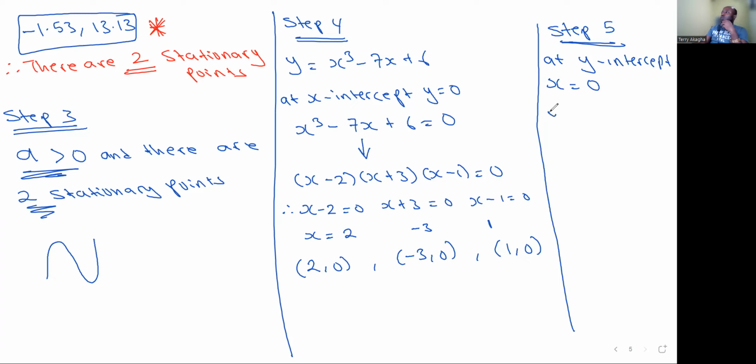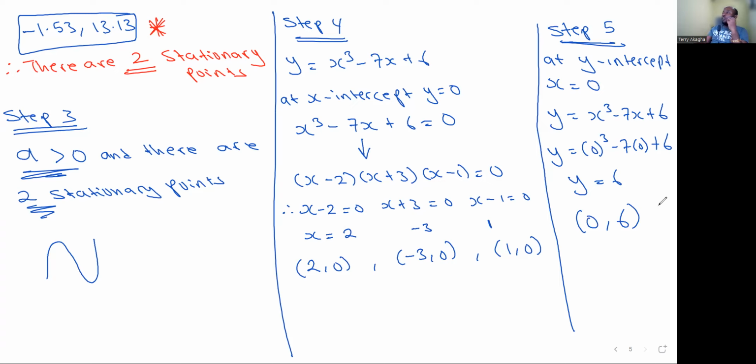So we have y is equal to x cubed minus 7x plus 6. Anywhere you see x, you put 0. So y is going to become 0 cubed minus 7 times 0 plus 6. Okay? And this will now give you y equal to 6. So we can now put this in the y-intercept form. When x is 0, y is 6.